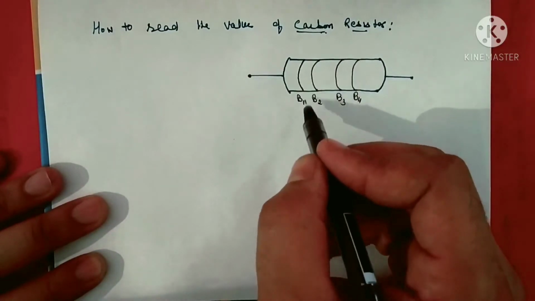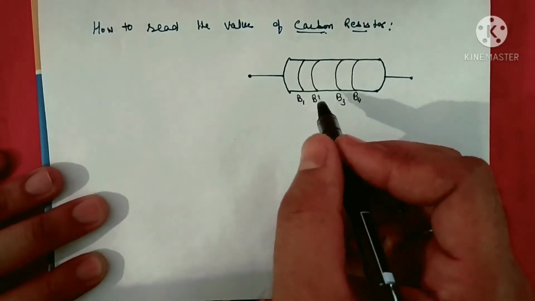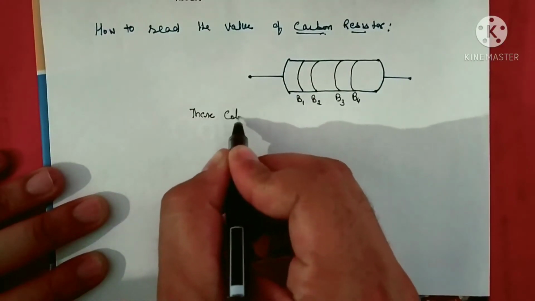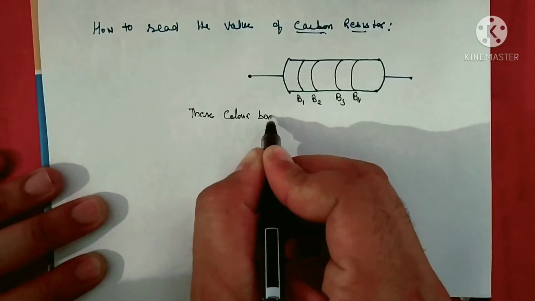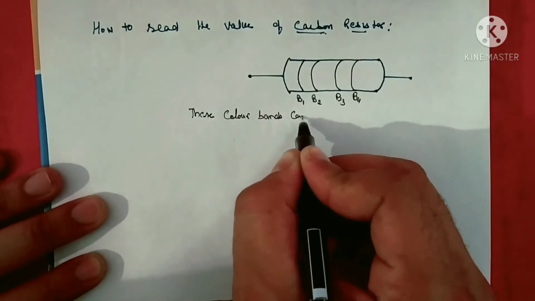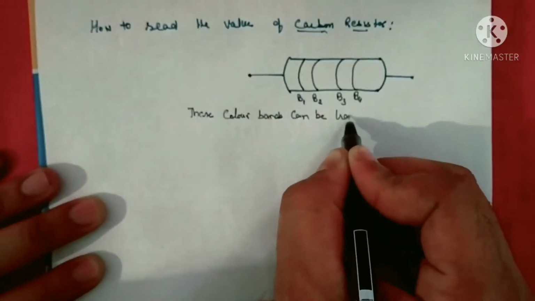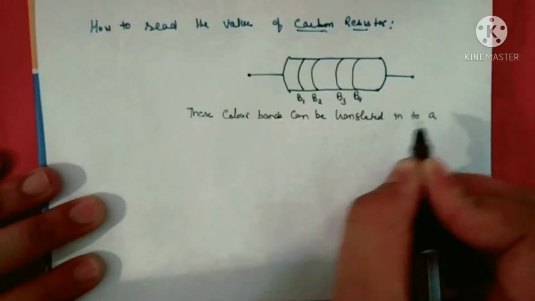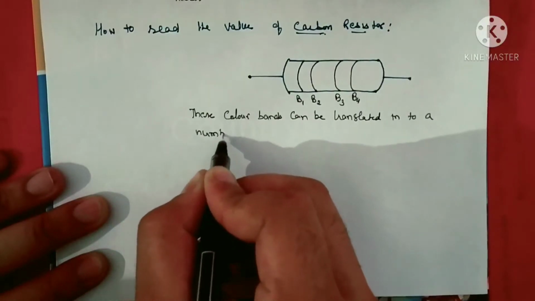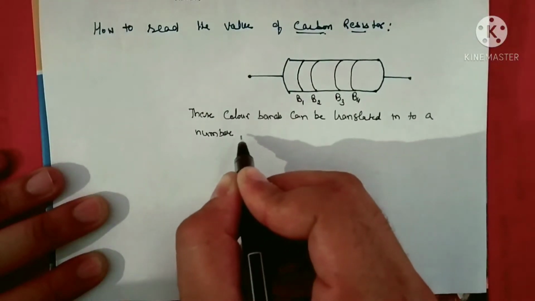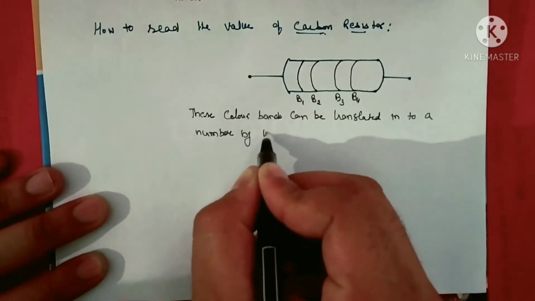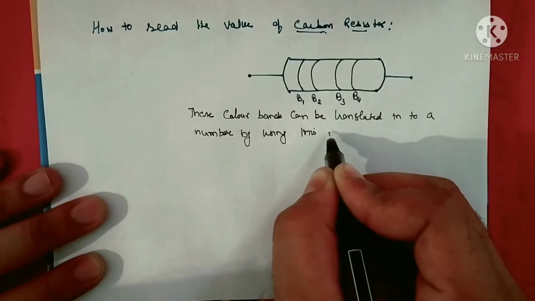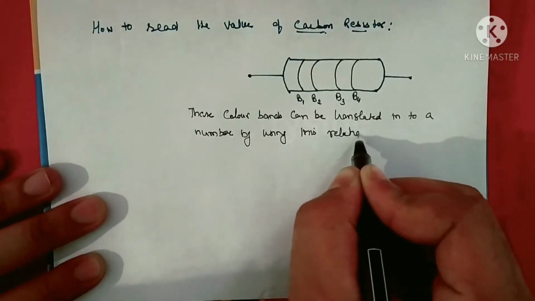So first of all, you see there are 4 bands of colors, and these color bands can be translated into a number by using this relation.